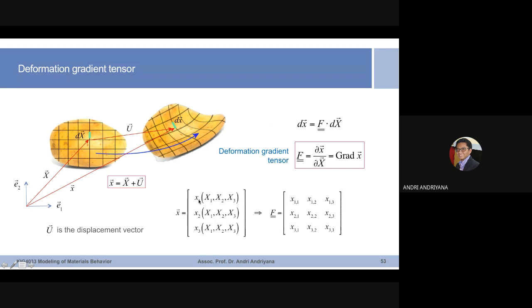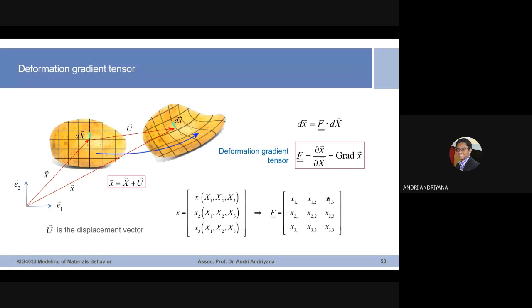And the component along axis 1, of course, will depend on the coordinates of large X1, large X2, large X3. Why? Because this point is the deformed position of the point initially located here. Okay, so how do we get the deformation gradient? This is the definition of the gradient operator that you have learned in engineering mathematics.